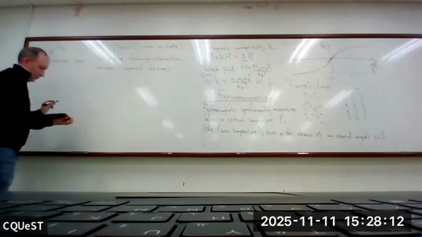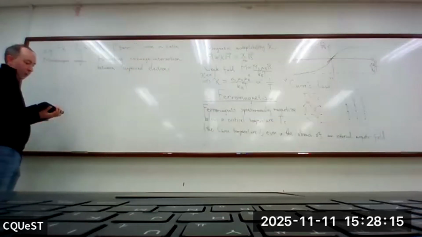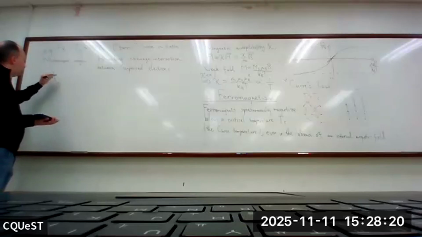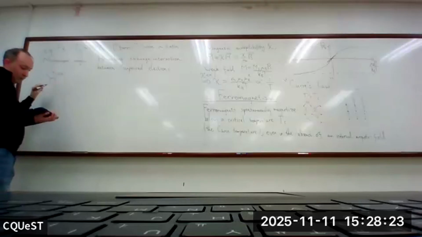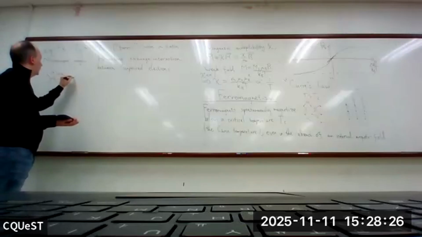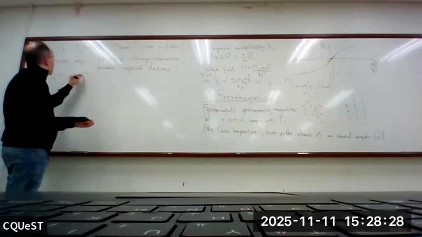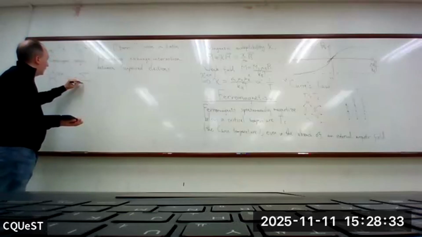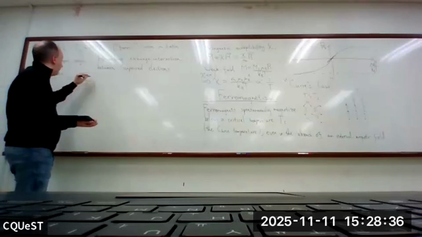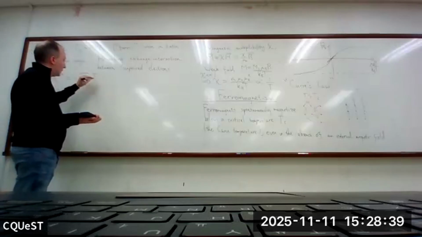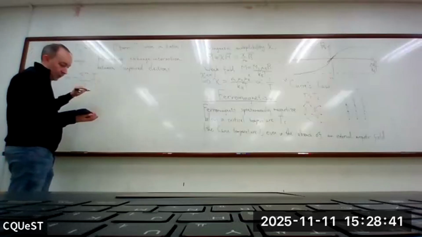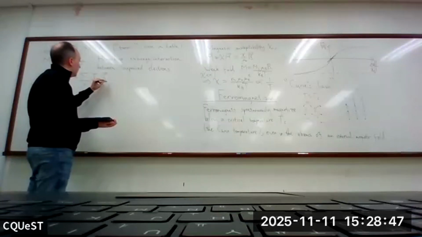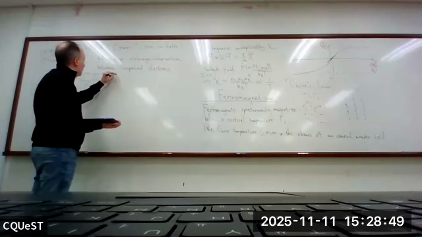Basically, the exchange Hamiltonian is of the general form, some minus, so that it's energetically favorable, and then a sum over i and j of some coefficient, usually called Jij, times the interaction Si by Sj.